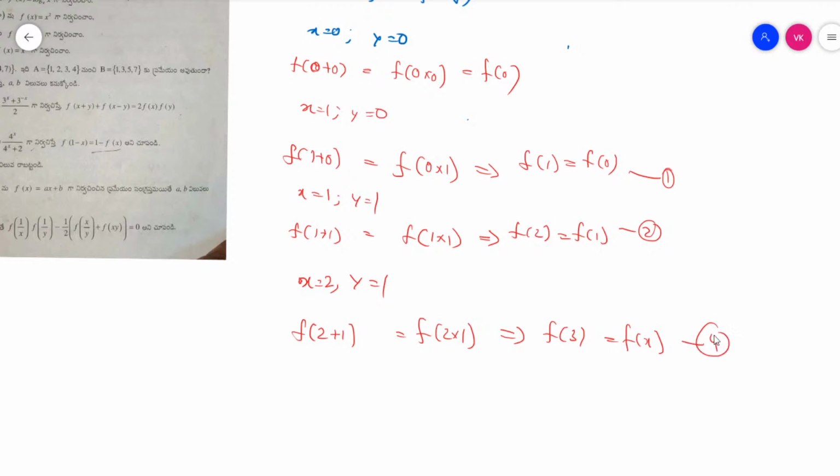From 1, 2 and 3 we can write f of 3 is equal to f of 2 is equal to f of 1 is equal to f of 0. In this way, for every value we will get f of 0. Then finally we can write f of n is equal to f of 0. That is, f is a constant function.